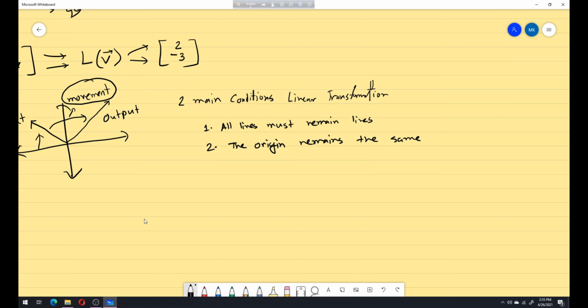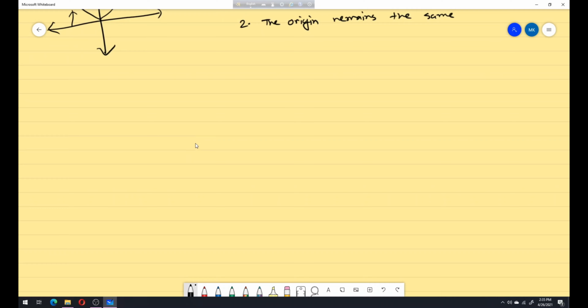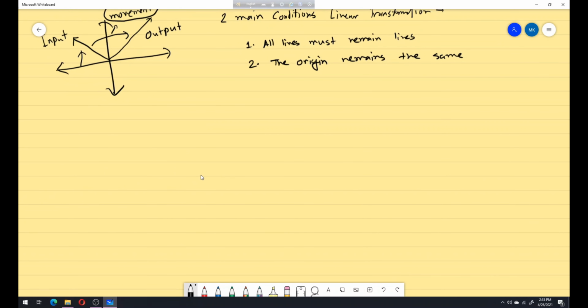As I said, linear transformation is a process that actually changes the basis. One particular example: consider this vector, let's say v equals -1 and 2.